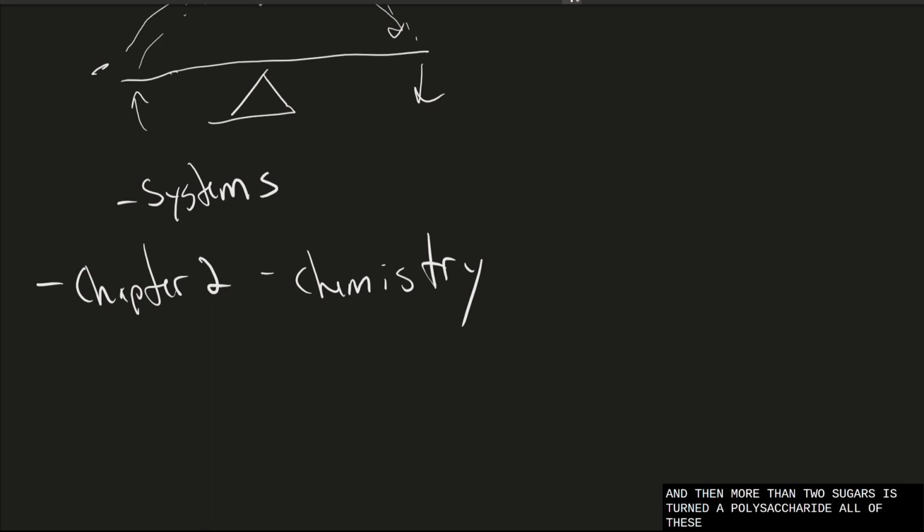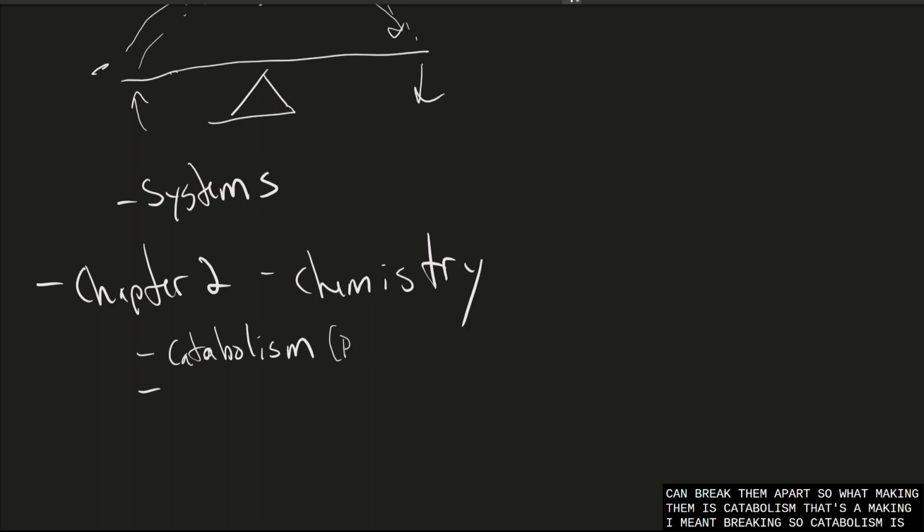All of these macromolecules can be made and broken. Making these molecules is a dehydration reaction. Adding monomers together and forming a polymer is dehydration. So water is removed in that process. Then you can break them apart. So making them is catabolism. Did I say making? I meant breaking. So catabolism is breaking them down.